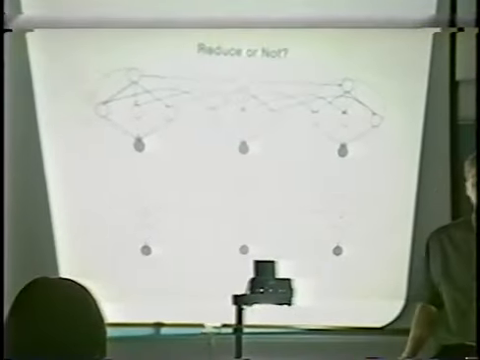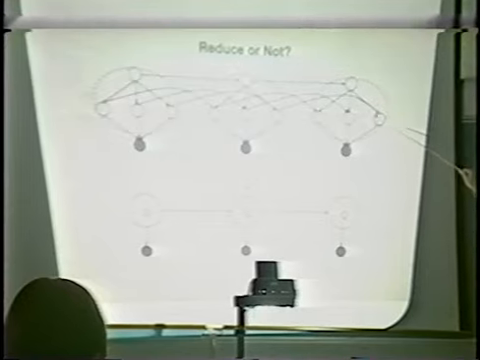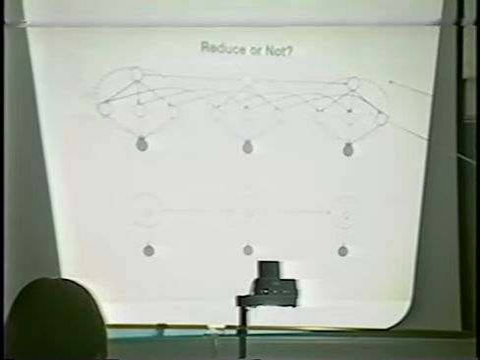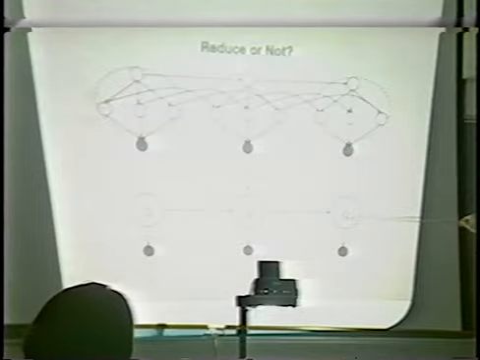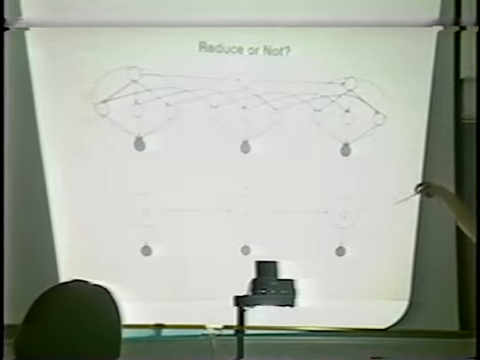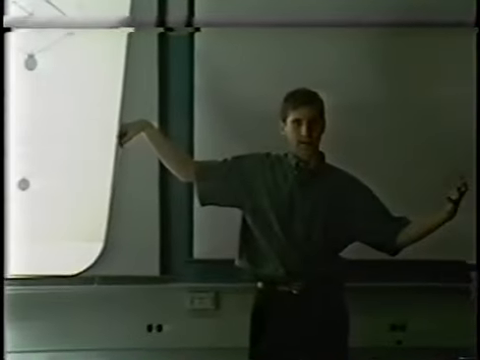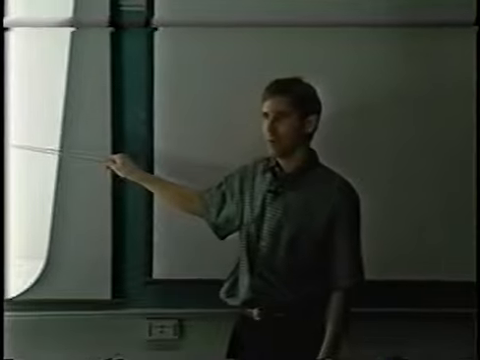But I want to caution that it does not always pay if you have a fancy structure like this to just turn it into a simple structure like this. One thing you could do is say, look, I've just got a bunch of hidden states up here, so I'm going to make a single super variable that represents the whole hidden state in a particular time slice, and put it right here.